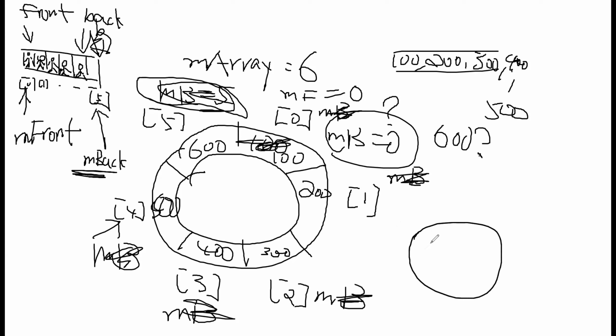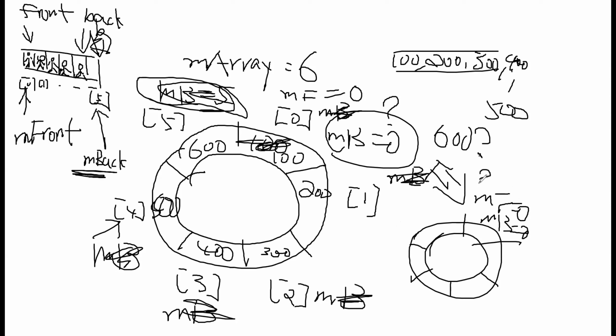But at the very beginning, when we said the queue is empty, front is 0 and back is 0. So just compare: this is the empty scenario, and this is the full scenario. How can you differentiate these two cases? There is no way to differentiate.